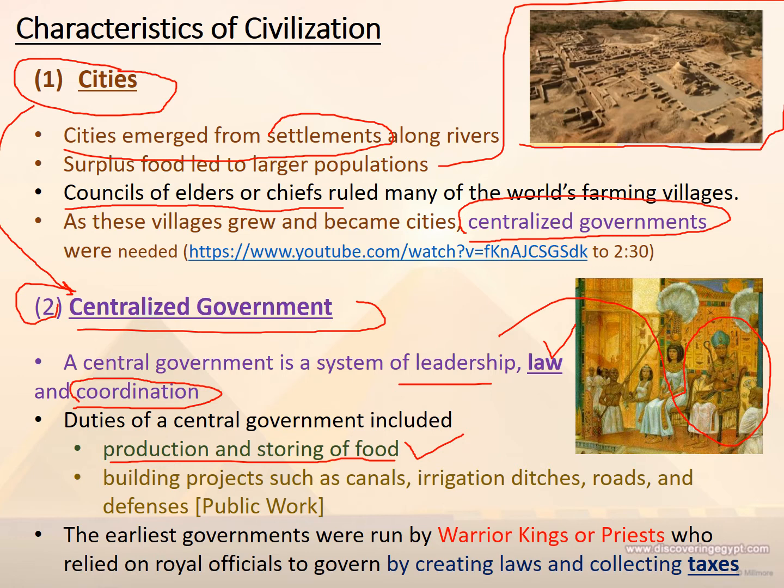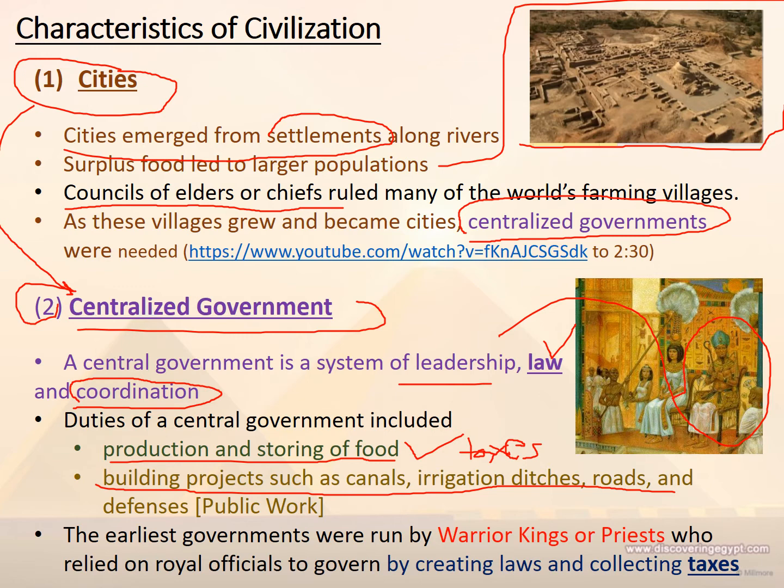Well, these earliest centralized governments took this food in the form of, again, taxes and they stored it in buildings called granaries, huge clay buildings that could store thousands and thousands of pounds of food. And then if there was a drought, if there was a famine, if there was anything that would go wrong, they could provide food as almost like a form of welfare for the society so the city wouldn't die, the civilization wouldn't die. They could also use this stored food to pay workers to do huge projects.